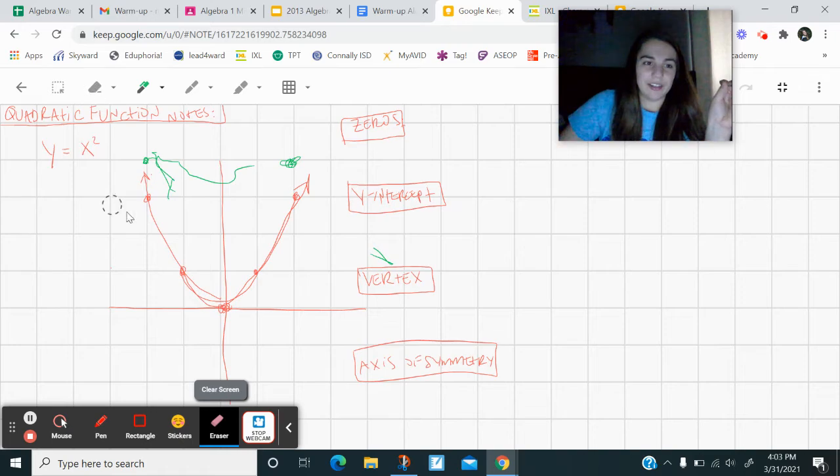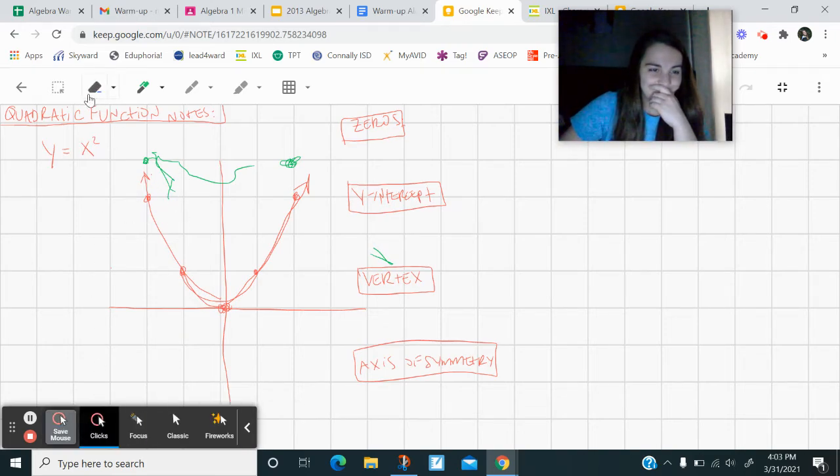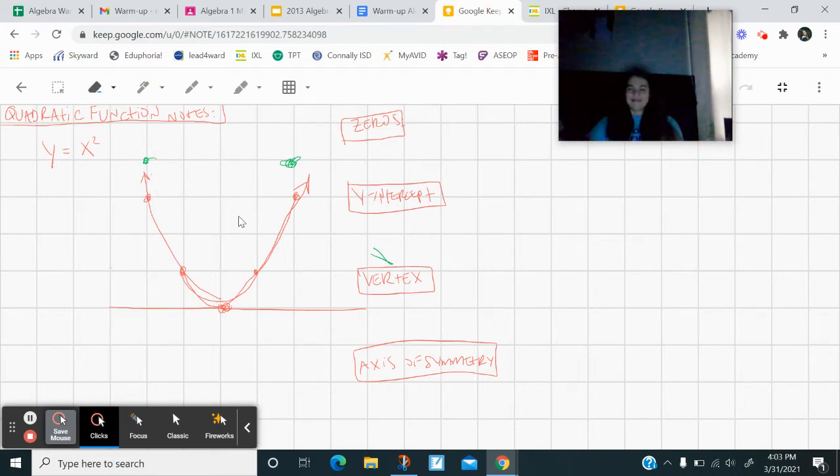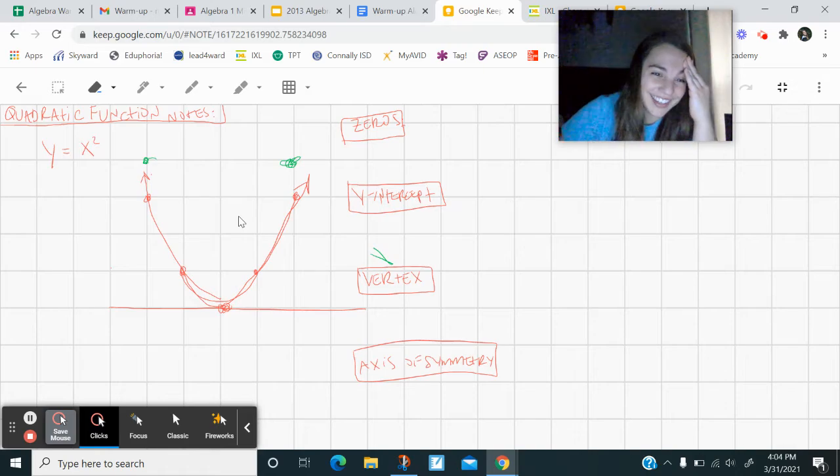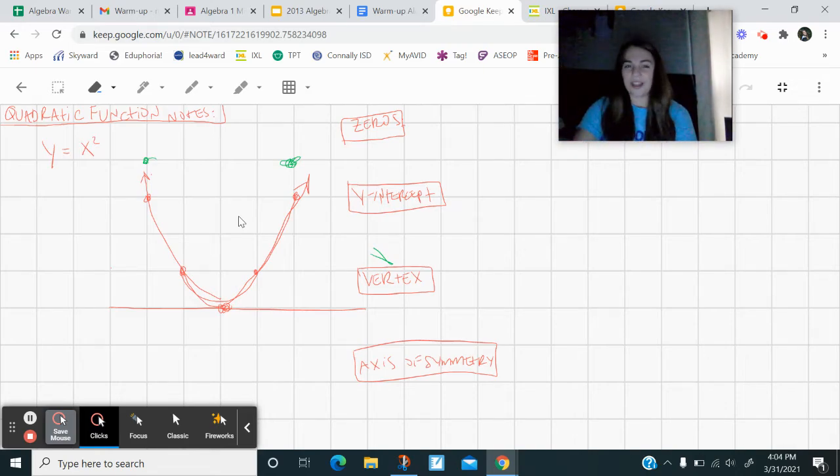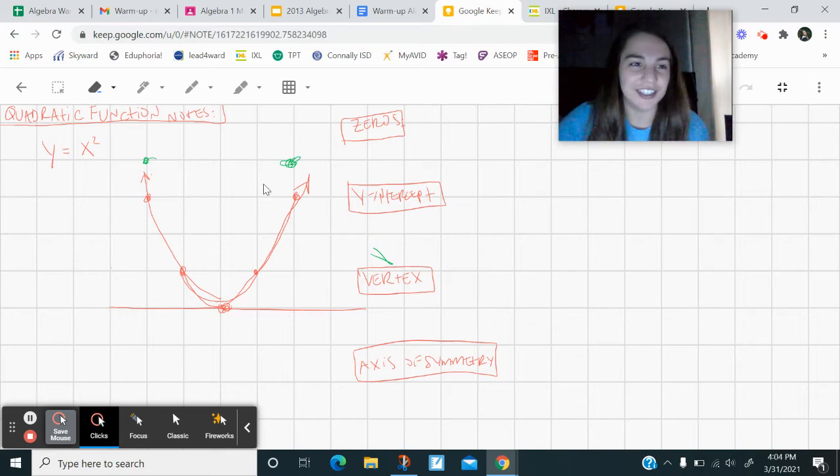Oh, eraser. You know what? Okay, I'm going to start over. Hi everyone, this is Quadratic Function Notes. I'm just joking. Okay, let me see if I can do this.